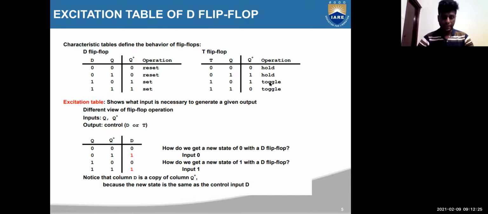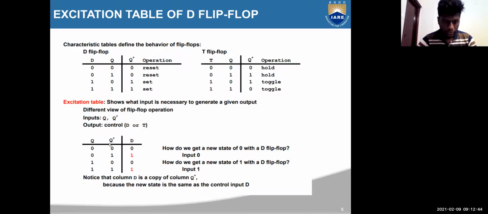The excitation table shows what input is necessary to generate a given output. Here the inputs are Q and Q plus, and the output is D or T.